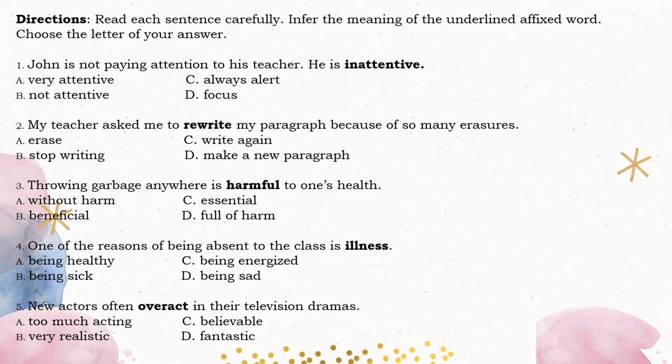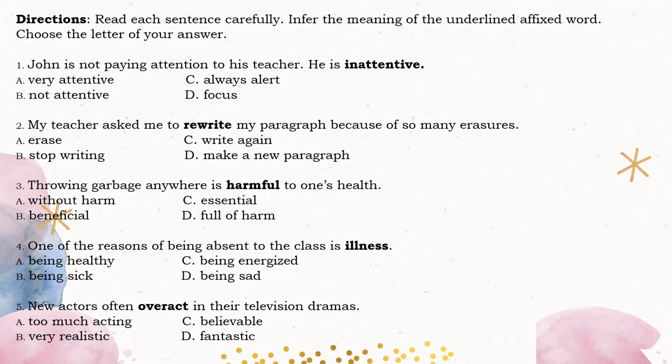For the assessment part, you have to read each sentence carefully and infer the meaning of the underlined affixed word. You have to choose the letter of your answer. Number 1, John is not paying attention to his teacher. He is inattentive. A. Very attentive.